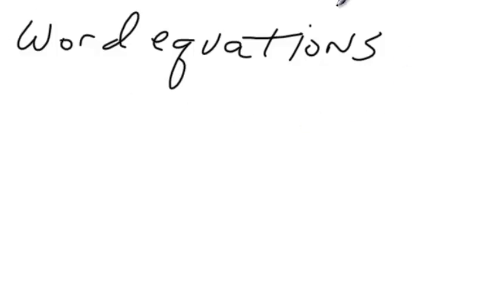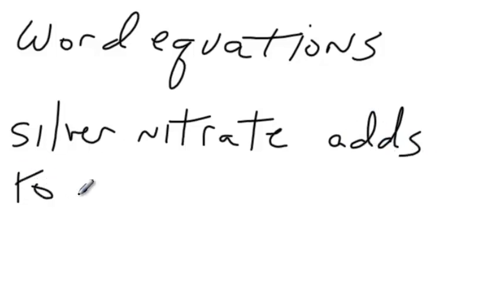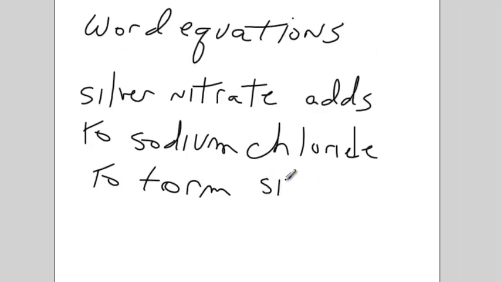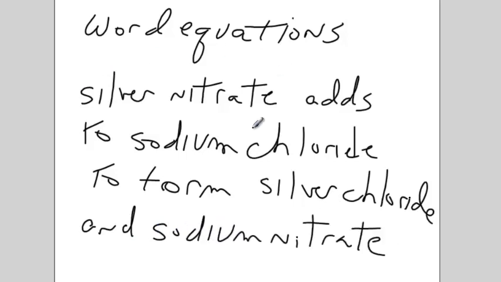Okay, so a word equation or any kind of chemical equation represents a chemical reaction. So if I have something like silver nitrate adds to sodium chloride to form silver chloride and sodium nitrate, what I know silver nitrate is, what I know sodium chloride is, what I know silver chloride is, and what I know sodium nitrate is, doesn't change.